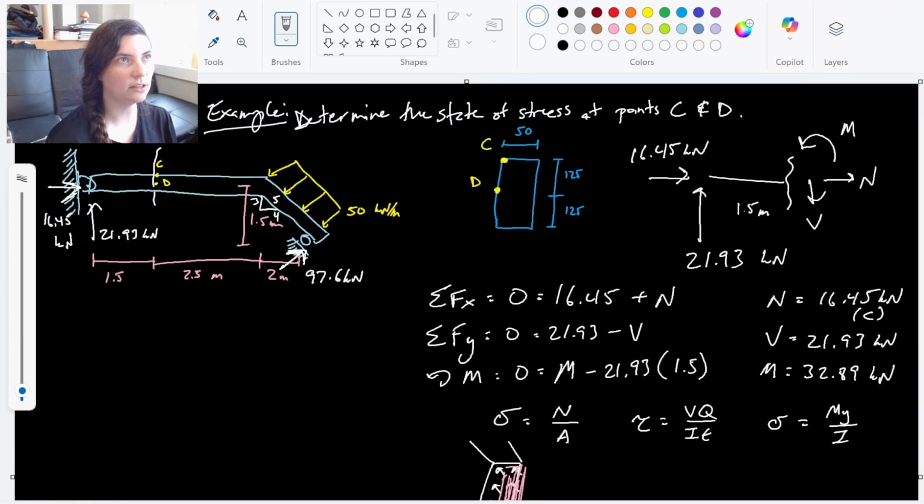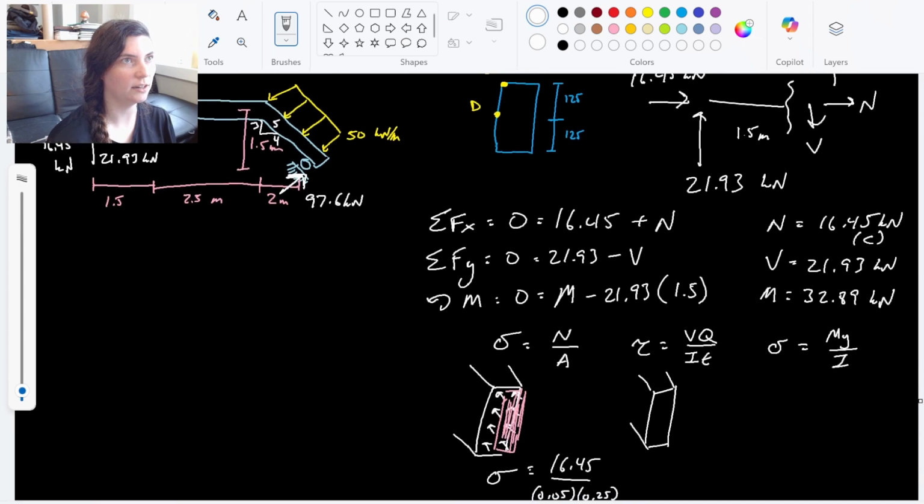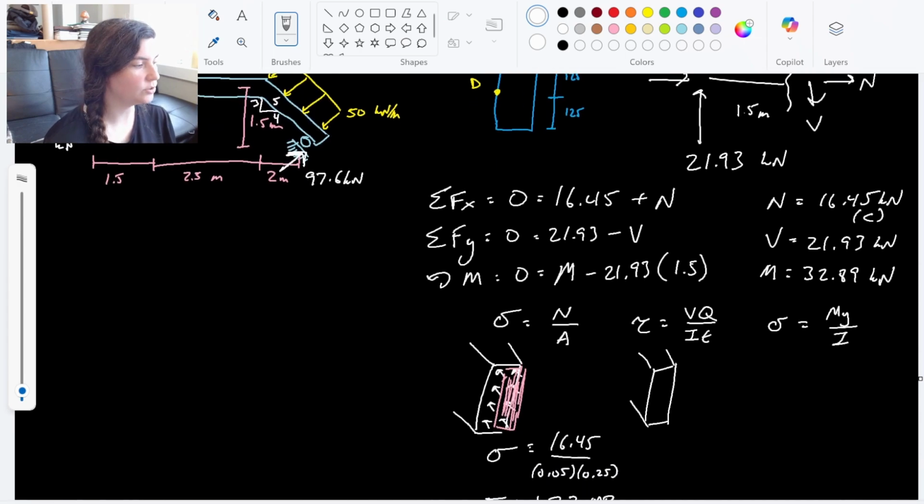But we'll notice if we take a look at our shear stress, right? So again, I have my beam cross-section that I'm looking at. Shear stress, we know, has no value on the outer edges. And then as you go towards the center, that's where shear is a maximum.